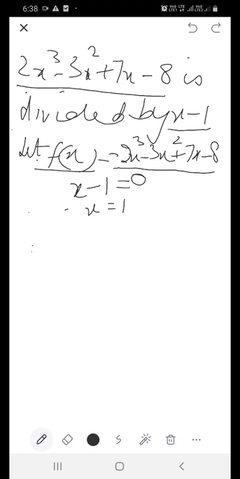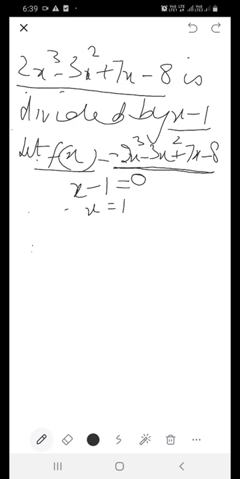So first you suppose the polynomial, then you put your divisor as 0, and from there you get the value of x. Now you have to write a statement. If you don't write this statement, you will lose 1 mark.